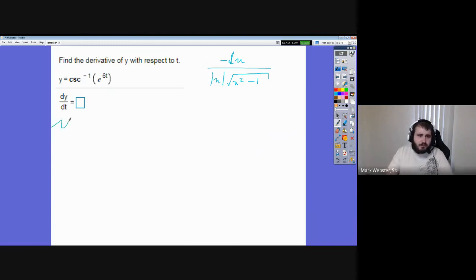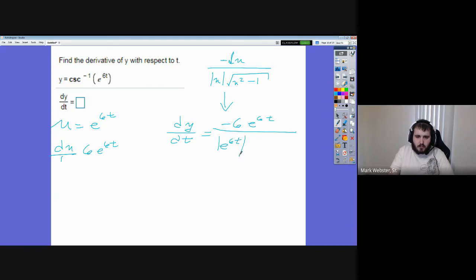So look, what's u? u is e to the 6t. What's du? du is 6e to the 6t. So look, on top, dy/dt is negative du over absolute value of u times the square root of u squared minus 1.